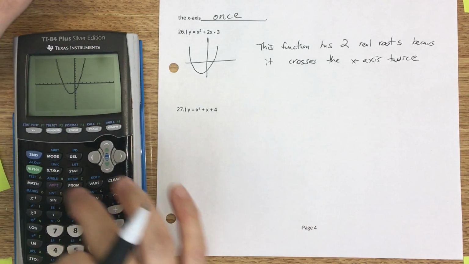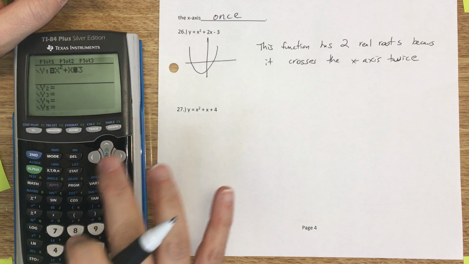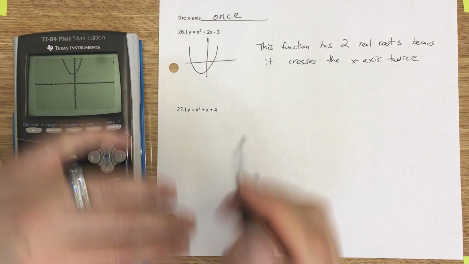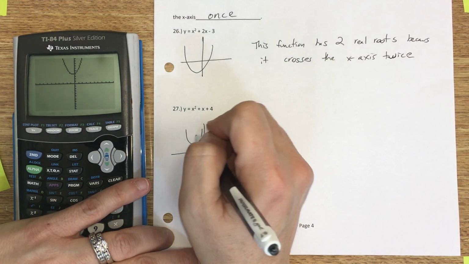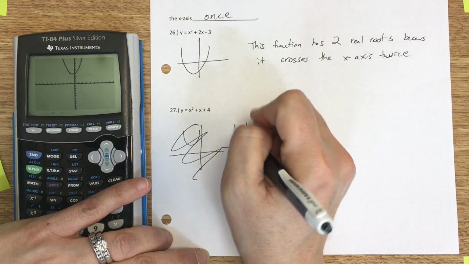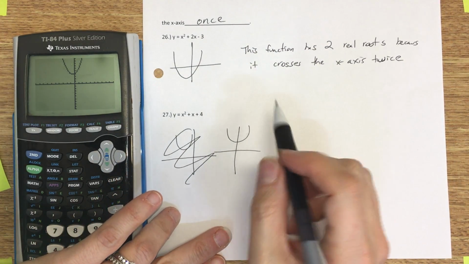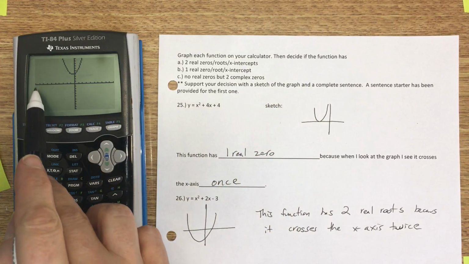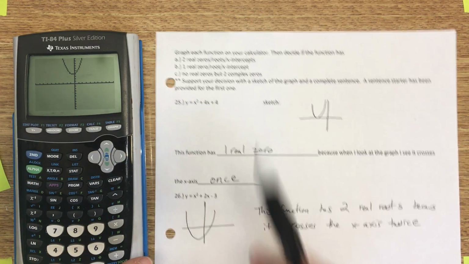All right, and now the last one. Oh, that does not cross the x-axis at all. Oh, I missed. Whatever. That's good enough for me. It just has to be a sketch, because I don't really care where the vertex is. All I care about is how many roots it has. If it doesn't cross the x-axis at all, it only has complex zeros.